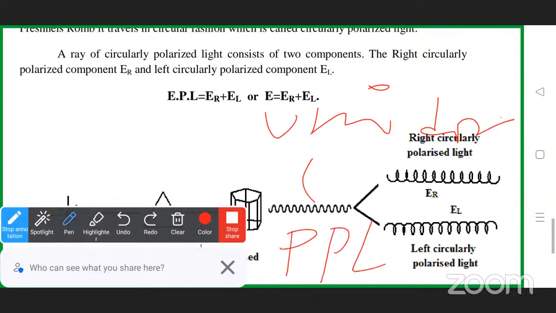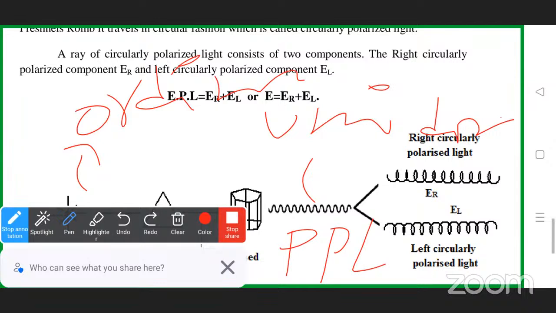This unidirectional light is called the PPL. This is your ordinary light, and this is plane polarized light. This is the difference: ordinary light has multiple directions, and PPL, plane polarized light, has only one direction.